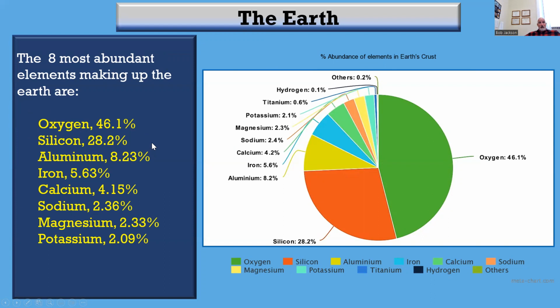Most anything you dig up out of the earth will have some silicon or oxygen in it, not known as that, but as oxides or silicates. Then you bring it on down here, like aluminum's 8.23%, down to potassium 2.09%. But these will be in compounds most of the time. You're not just digging up a pile of sodium. It's just not going to happen. Sodium's extremely reactive.